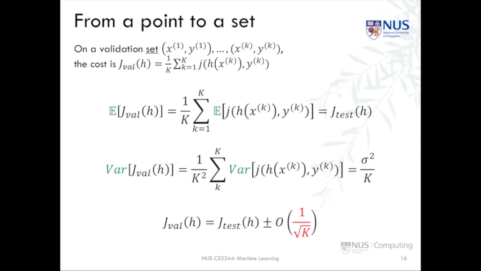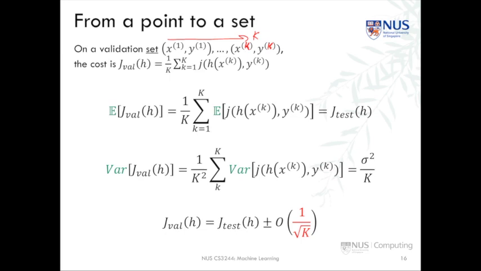We're going to get the idea of a validation set rather than a validation point. By a validation set, we're going to say that we have more than one point, up to a total number of K points. These should be capital Ks. Sorry about that.